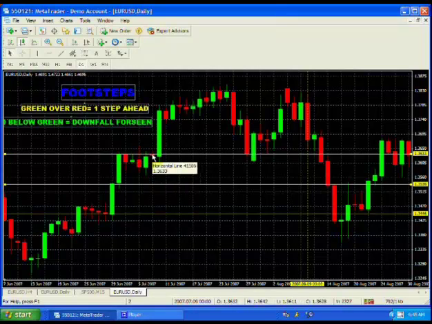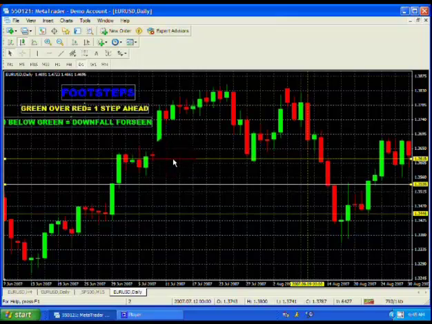And so if we move our line down to where mother opened, or the real body of mother, we can see that on the next bar, once we get down into mother, the range of mother's real body, this is where the next spring occurs and bounces this bar back up.